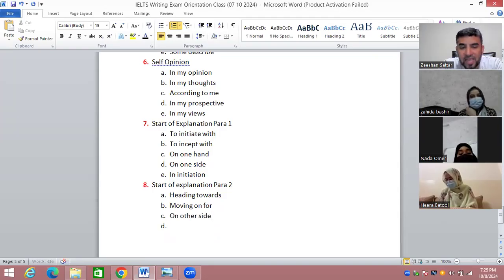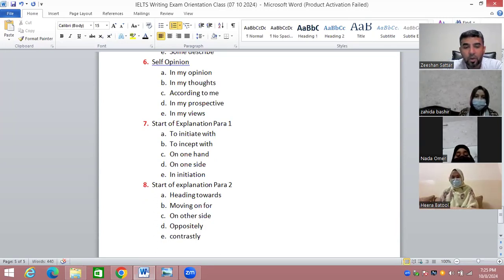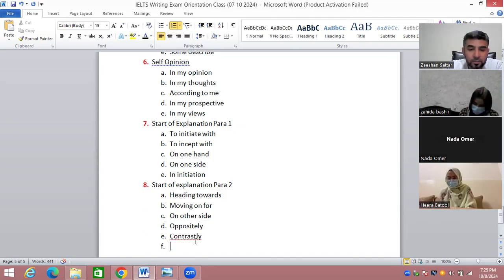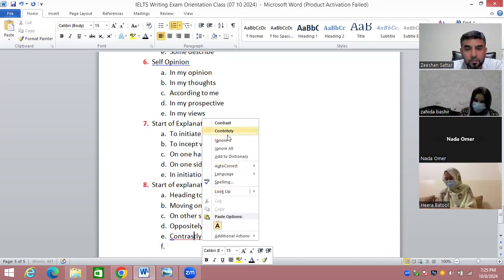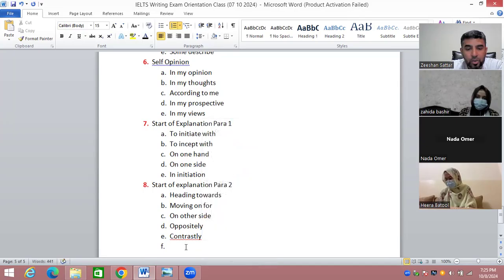If the variables are opposite, we can use the word "oppositely." We can use the word "contrastly." We can use "heading towards, moving on for, on the other side, oppositely."